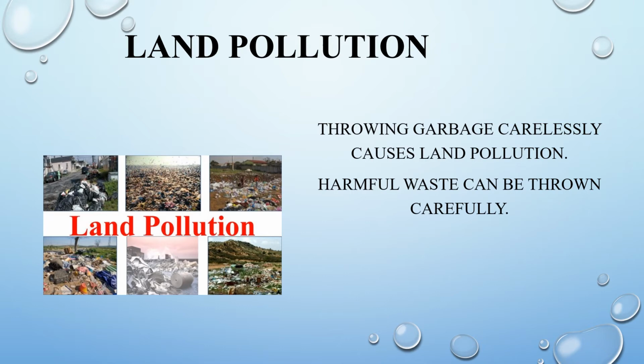So children, if we waste all the natural things we get from the environment, it is really harmful for us and for our next generations also. So we have to be very careful while using these natural resources.